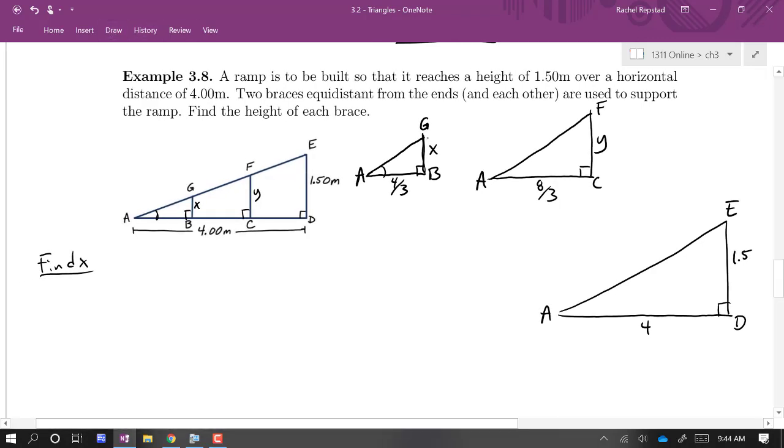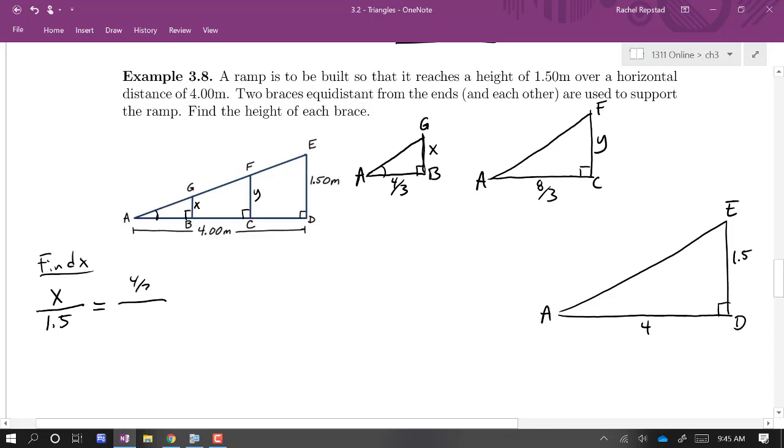Well, x is the vertical side, so it corresponds to the vertical side 1.5. So x over 1.5 is equal to a ratio using the other 2 pair of corresponding sides.